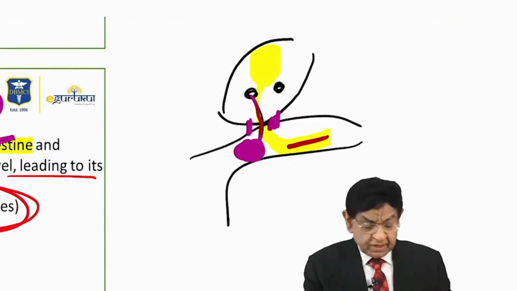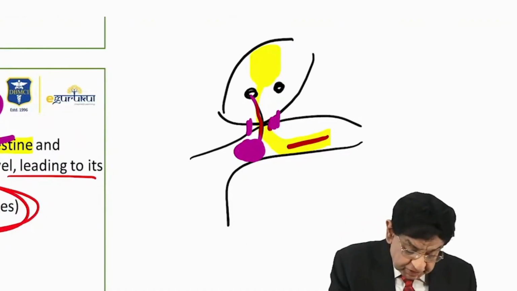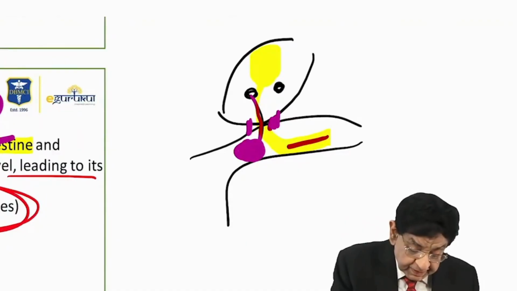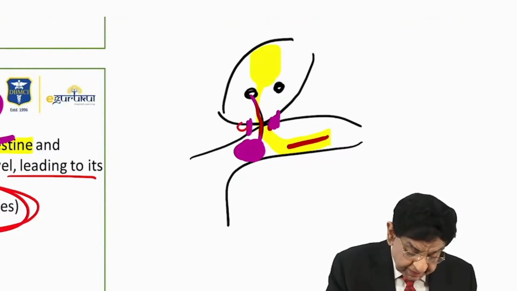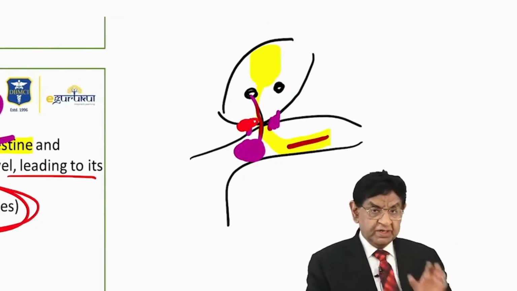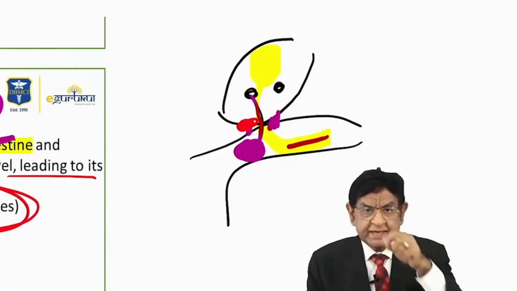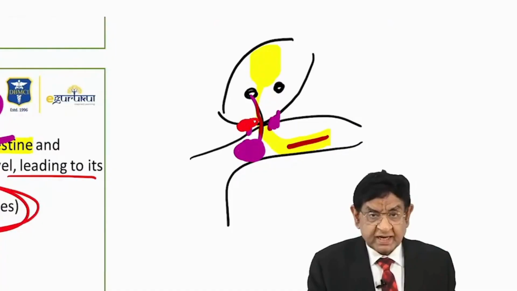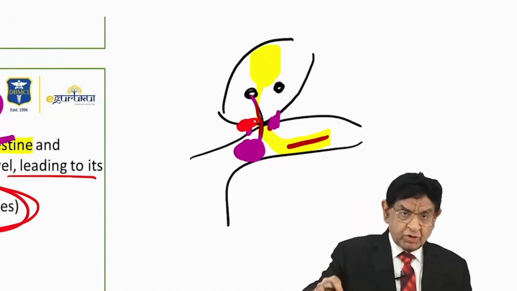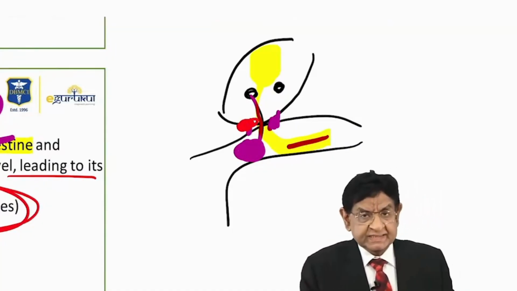But what about the stone? We may have a stone like this, which has come out from the fistula or any opening in the gallbladder wall, but it could not enter the intestine.